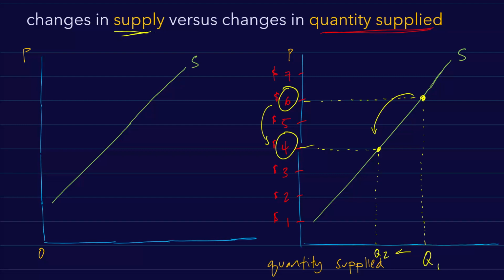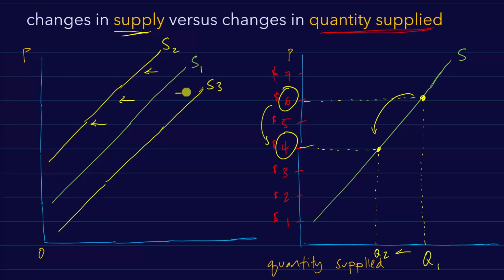Now, a change in supply means that the entire supply curve either moves to the left, that's a decrease in supply, or it moves to the right, that's an increase in supply.